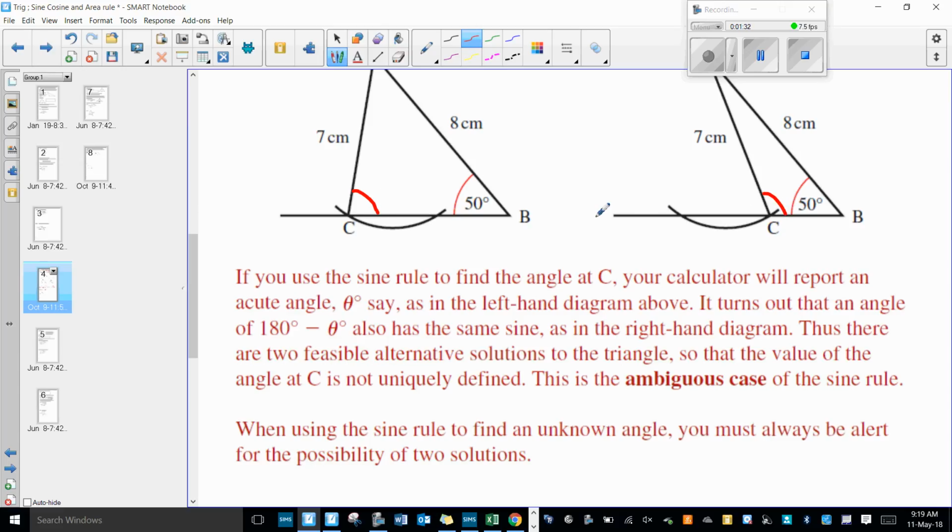So if we were able to establish what this angle here was, and we're asked to find an alternate answer, we would just do 180 minus that, and we would find the other value. That's all you need to know, that the 2 options add up to 180.